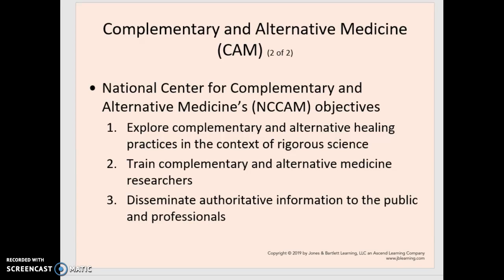We still, please understand, follow the rigorous scientific process. Things must be evidence-based. Lots of people tend to think that CAM is sort of hokey and psychological or ridiculous.